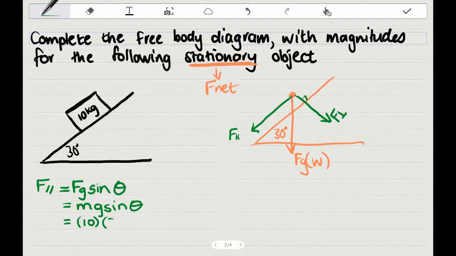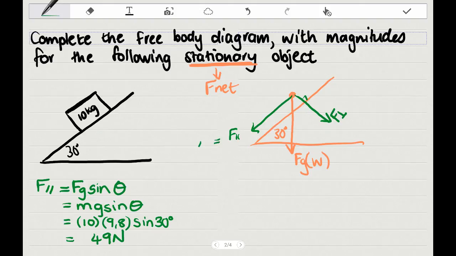The gravitational acceleration on Earth is 9.8 meters per second squared, and this is sine of 30. Typing this into our calculator and getting the answer, this here is equal to 49 newtons. Okay, so we've calculated this.